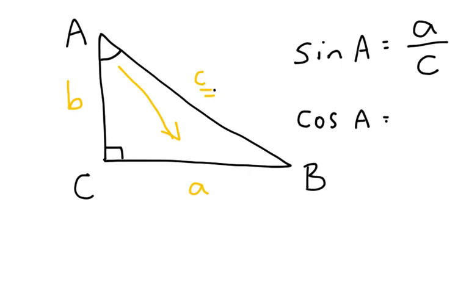The one that's adjacent is just the one that's next to it. It's the one that touches the vertex. So if I want the cosine of angle A, that's going to be the side that is adjacent to it divided by the hypotenuse.